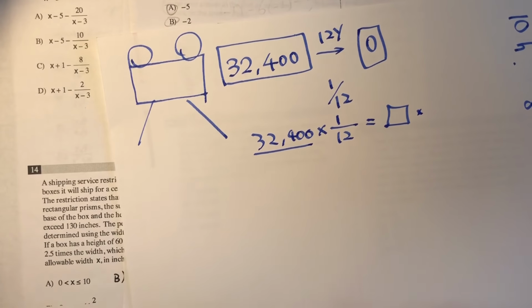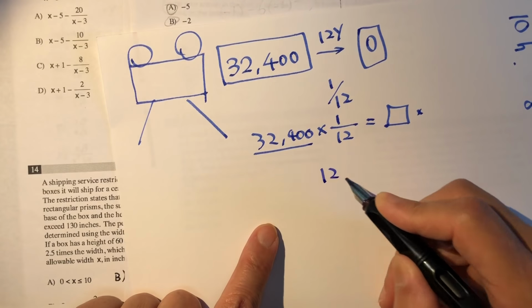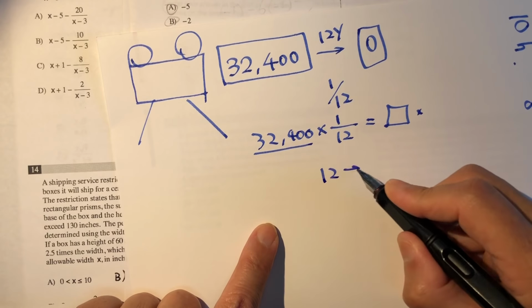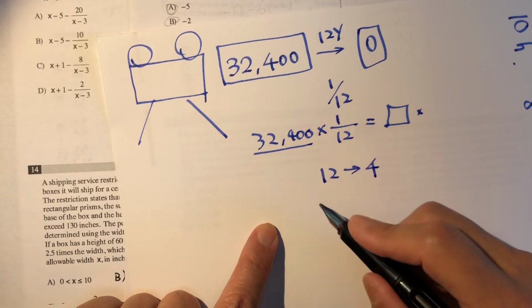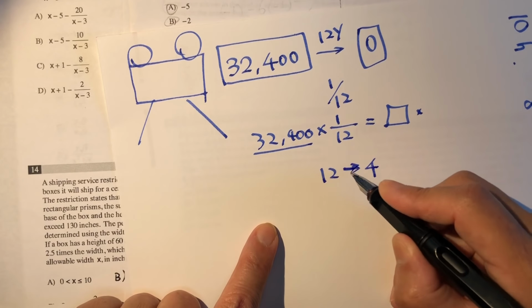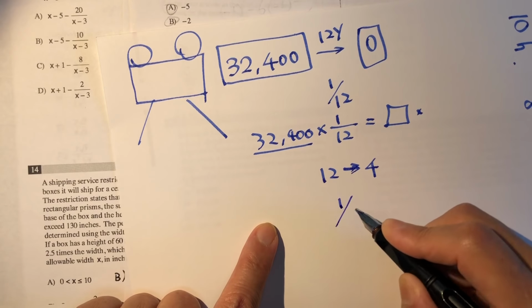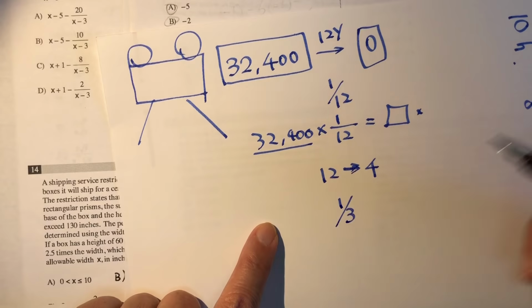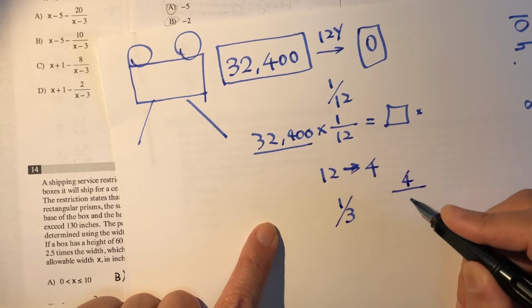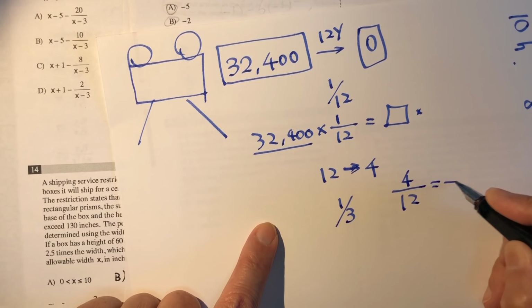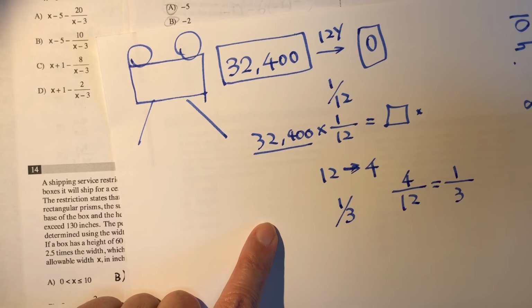Another way, what I am doing: 12 years versus 4 years. What is the relationship? 4 years is 1/3 of 12 years, right? 4 years over 12 years equals 1/3.